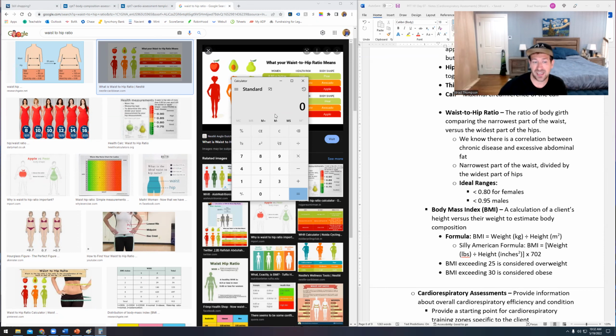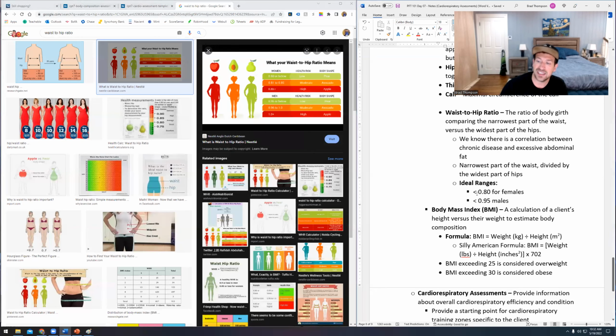I don't think body fat is a big issue for you, even if it is at a high rate. Now, that doesn't mean they might not have a weight loss goal. It just shows us that in terms of health risks, this is a little bit of a lower concern. So ideally we want it to be 0.8 or less for females and 0.95 or less for males.